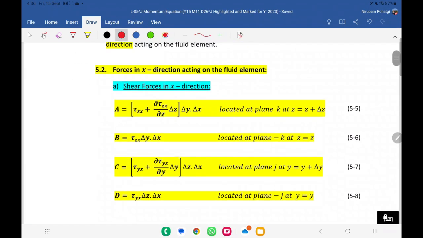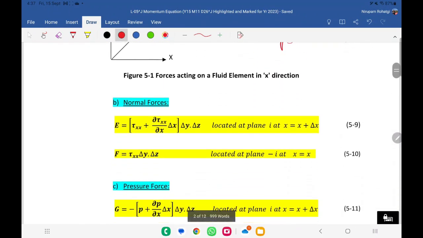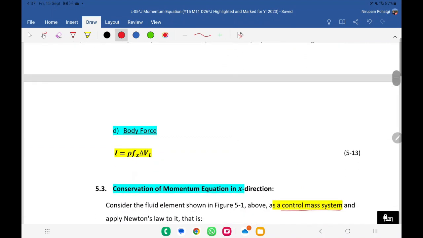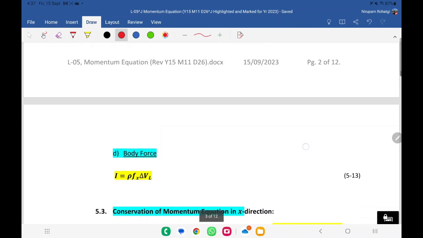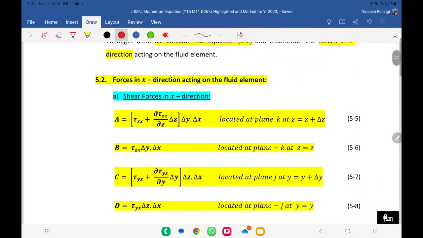Now what we do, first we calculate all these forces, and there are in total, from A to I, all these forces. Okay. So we'll do one by one. A is a force.